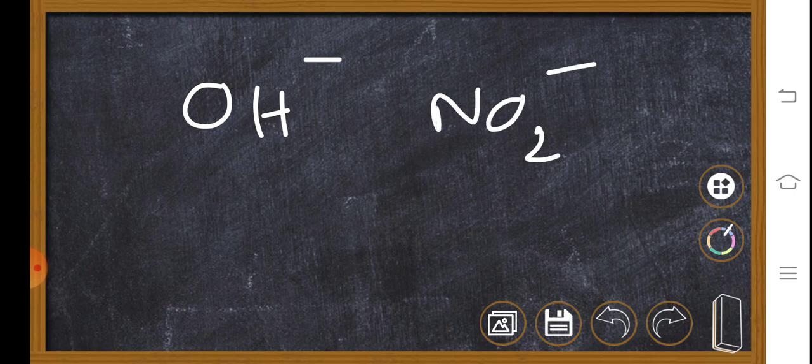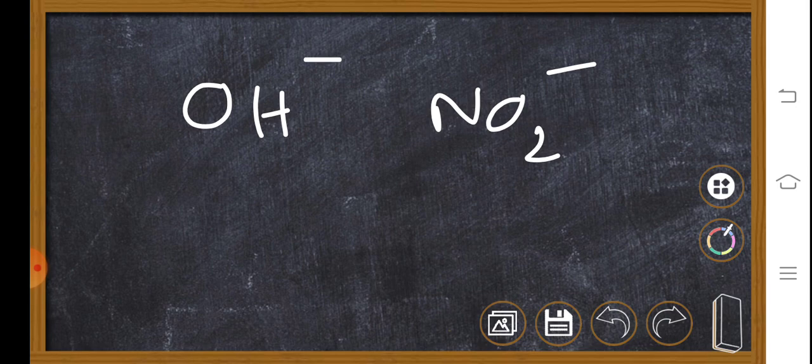There is one more step left, that is the fifth step. Observe page number 56 and the fifth step. In the case of radicals, their symbols are written in brackets. As we studied on page number 55, there are different types: OH minus is hydroxide, and NO2 minus is nitrite. Like that, different radicals are present.